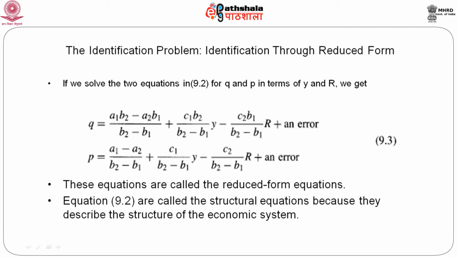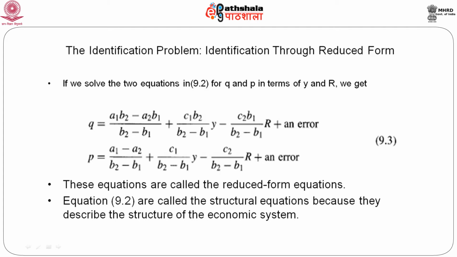Such a representation of the reduced form equations for quantity and price is as follows. So, here you have quantity as a function of only income and rainfall, which are the exogenous variables, and similarly price is expressed as a function of income and rainfall, which are also the exogenous variables.